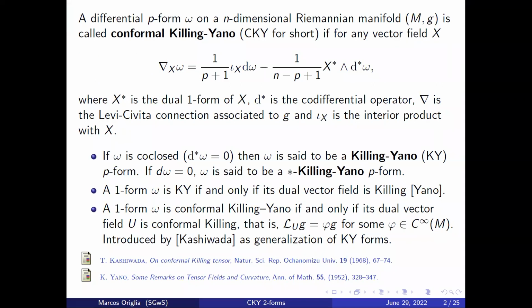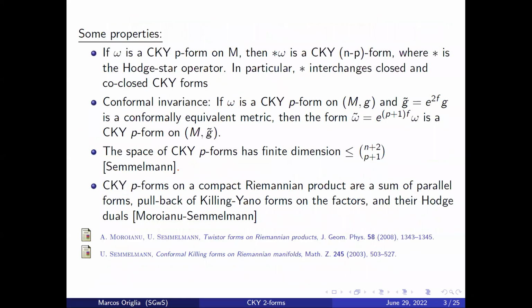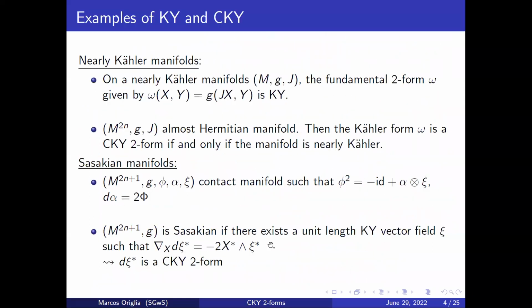Let me go back. So this is exactly the equation of conformal Killing, just with the second term. Of course, the closed term vanishes in our case, but we have just the second part with p equal to 2. So this is clearly an example of a conformal Killing two form, given by the differential of the dual of the Reeb vector in a Sasakian structure.